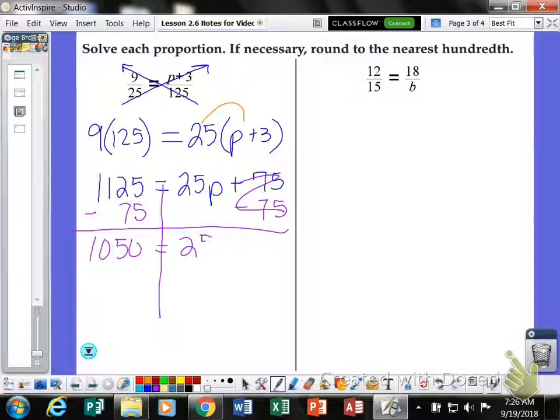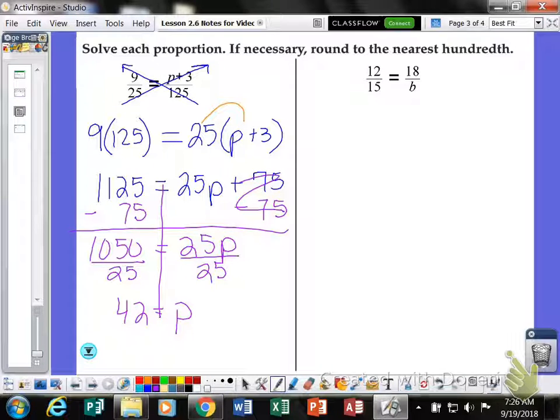That's equal to 25p. And now 25p means to multiply, so to undo it, we divide. Make sure you use a fraction bar, not the division symbol, over 25. And then 1,050 divided by 25 gives us 42. And that is equal to our p. Then you should be able to go in and check that and make sure that you did solve it correctly.